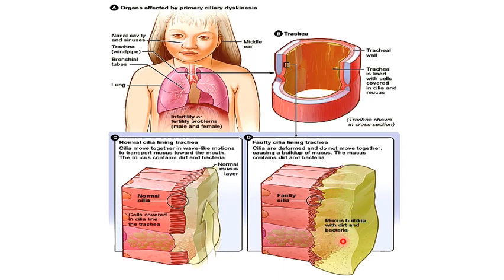So it gets piled up here and may go down into the lower respiratory tract, infecting the lungs. Along with this respiratory abnormality, there will be infertility problems in males and females because the cilia are not functioning in the uterine tube. There can be hydrocephalus. All these are associated symptoms of immobile cilia syndrome.